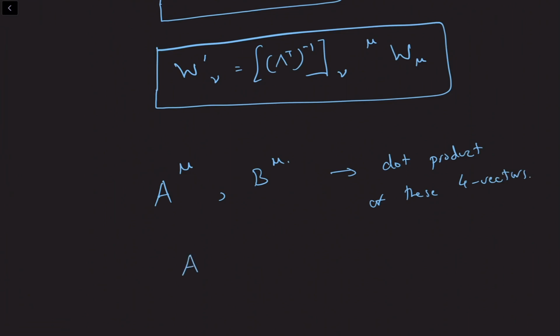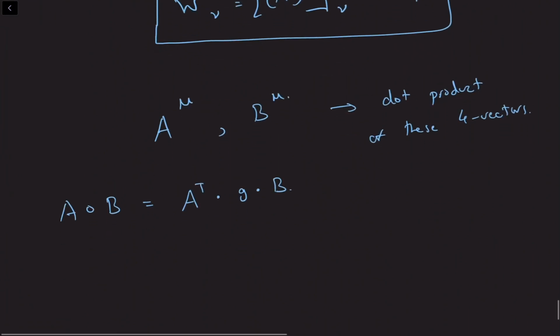So the dot product is A transpose dot G dot B in matrix notation. So this is A dot B. And in index notation, we'd write this as A mu G mu nu B nu. Okay, again, the index mu is summed over and nu is summed over.